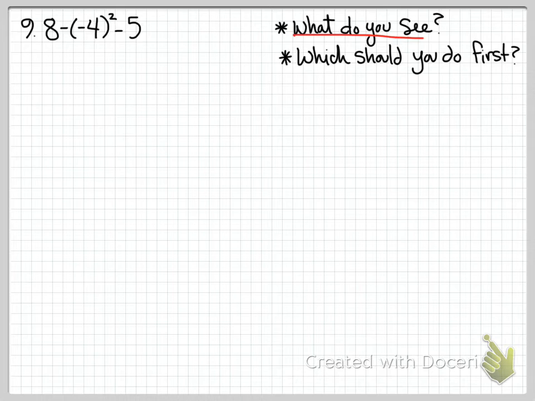Now, what's different about these parentheses is that there's nothing we can do mathematically inside of them, so we're going to defer to the exponent first before we distribute the negative that's outside. So, first, we are going to do negative 4 squared. And because negative 4 is in parentheses, that's going to be negative 4 times negative 4, which is positive 16.